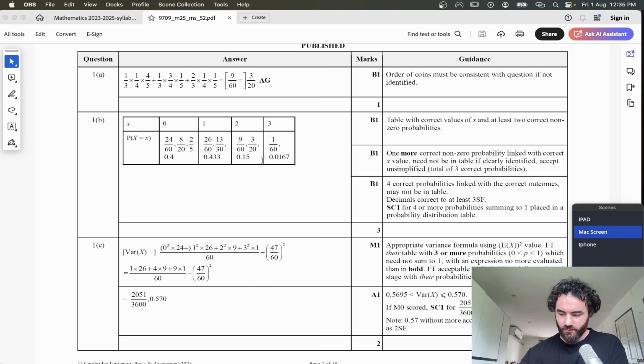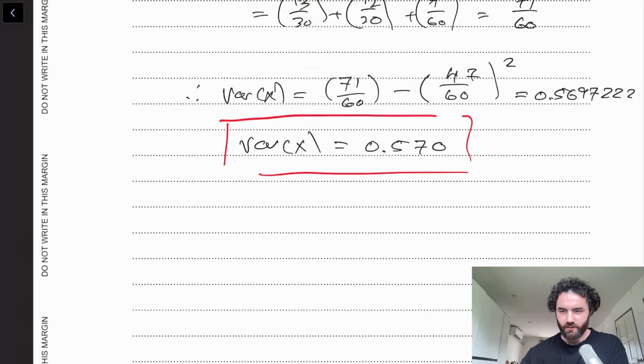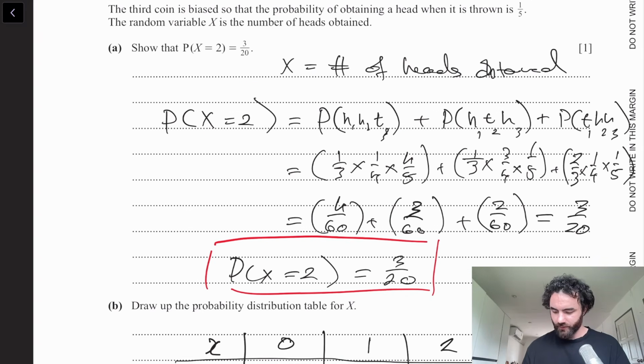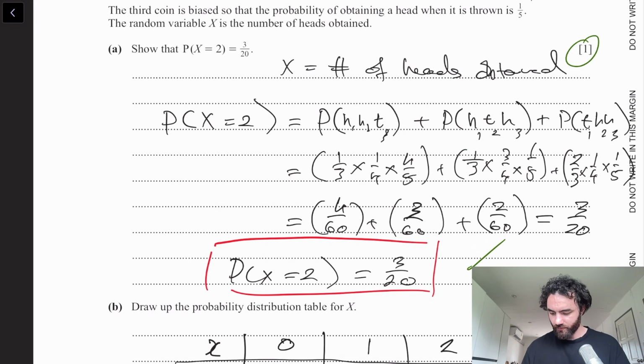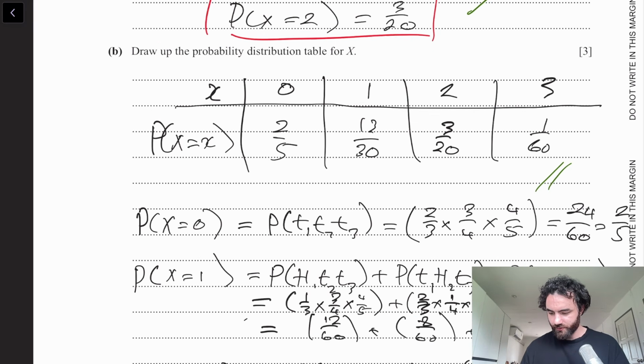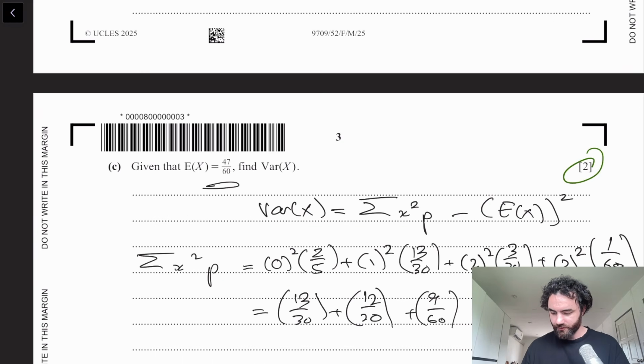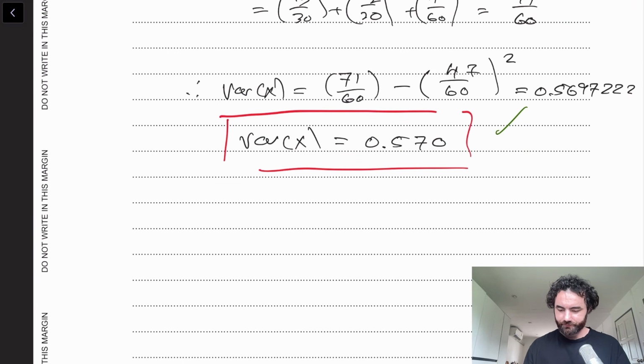Yes, yes, yes. And finally 0.570. Yes. Okay, back to the iPad. Okay, so those were all correct. Correct. 1 mark. Got all those. 3 marks. And I got this. Okay, let's move on.